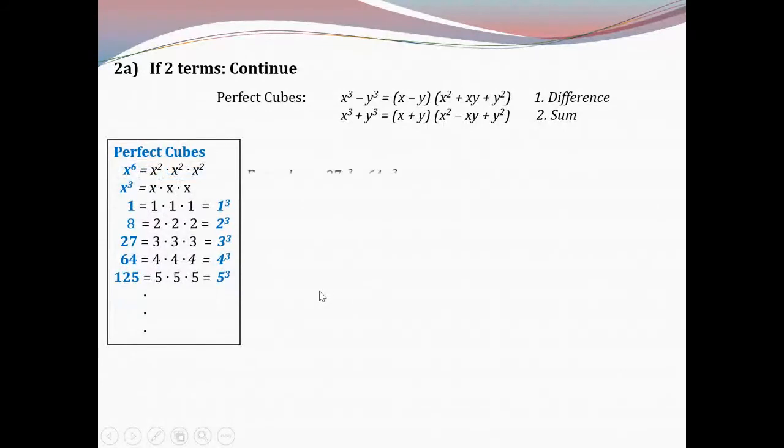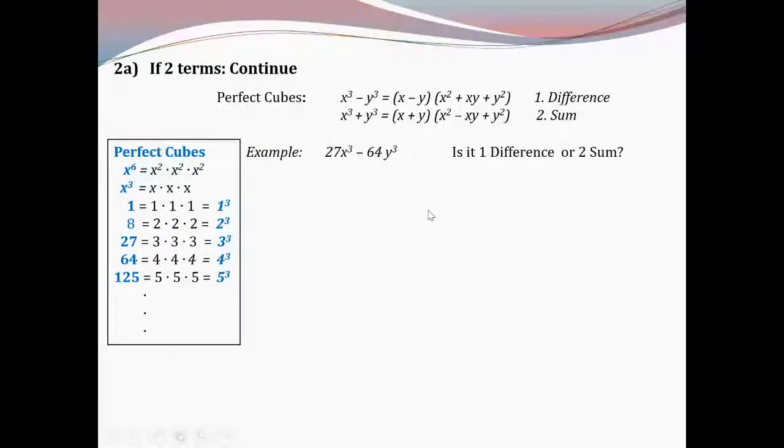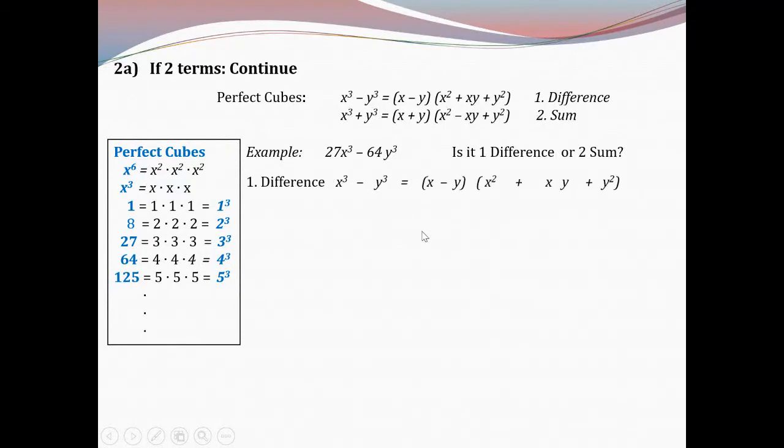Let's do one more of these. Now let's do the difference of two perfect cubes. This is the formula I'm going to use, formula number 1 here. We have to rewrite 27, because 27 is the same thing as 3 cubed. So let x represent 3x, and let y represent 4y.